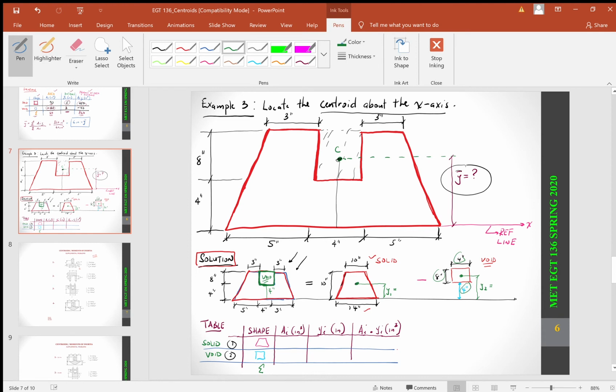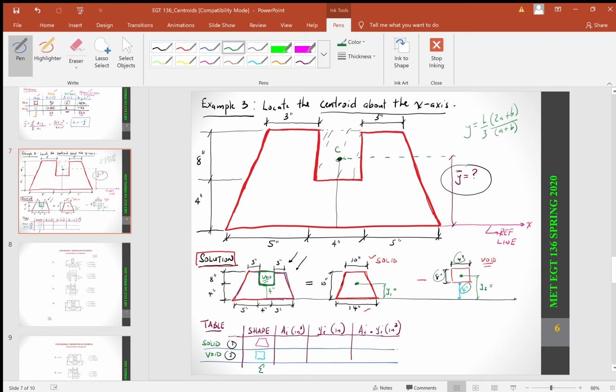So in this case, you remember our centroid for a trapezoid is nothing more than y equals h over 3 times (2a plus b) divided by (a plus b).